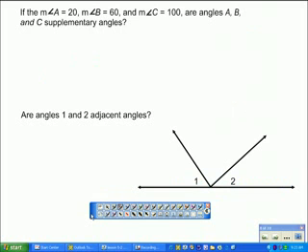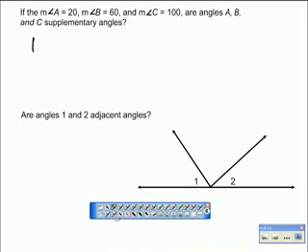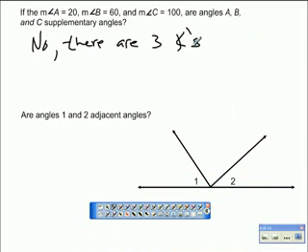Do you have two angles that add to 180 degrees? How many angles are there? There are three angles, and they add to 180. But no, there are three angles, and in order to be supplementary, it can only be two.